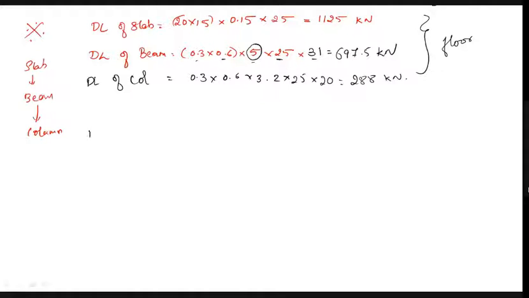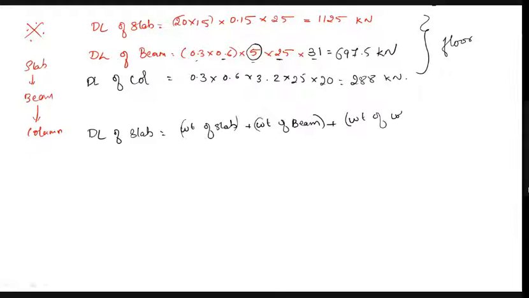Dead load of roof slab equals weight of slab plus weight of beam plus weight of column, but here we will take it as half of the weight. Therefore, substitute the value.